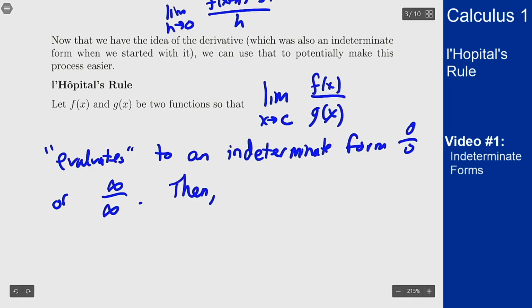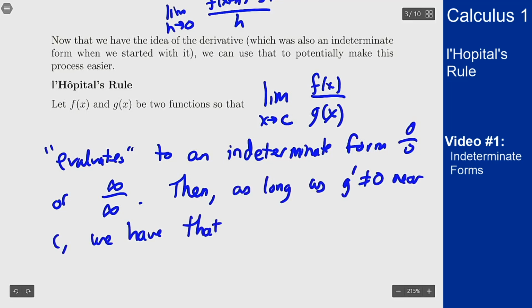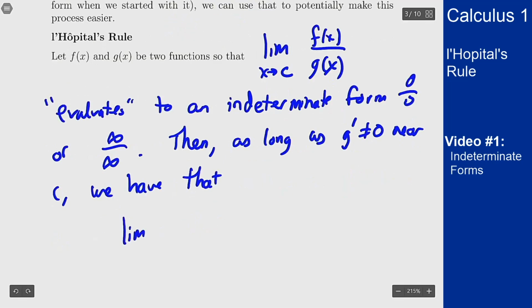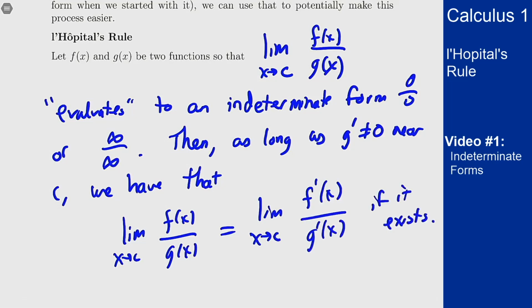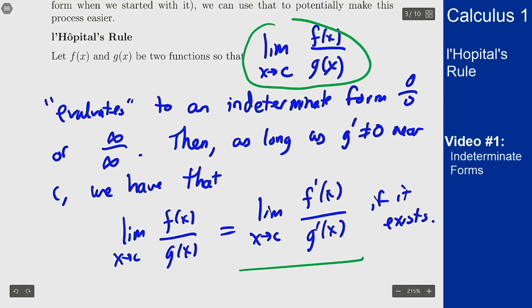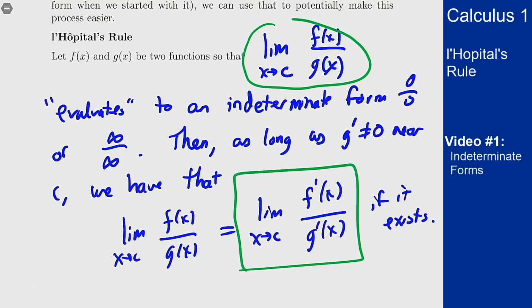Then, as long as g prime is not 0 near c, we have that this limit that I want to find, I can find instead by the limit of the derivative of f divided by the derivative of g, if it exists. So I can replace this limit I was looking for up top with a different limit involving the derivatives of those functions, as long as that limit exists. So if it ever does not exist, I can't use this rule at all.